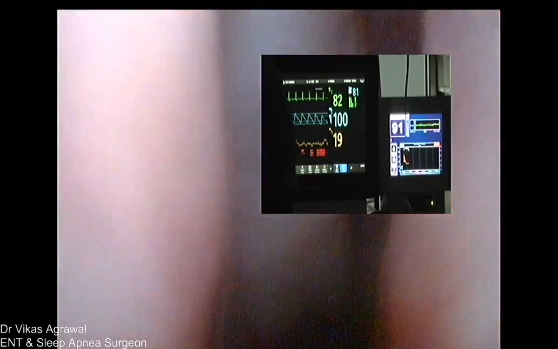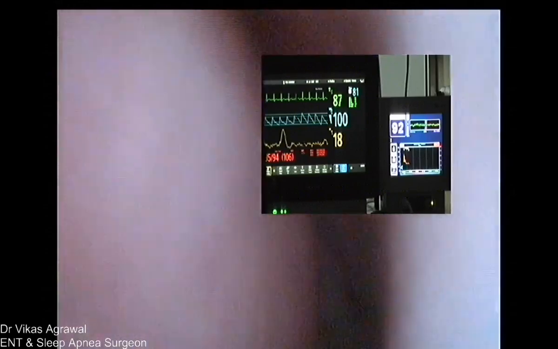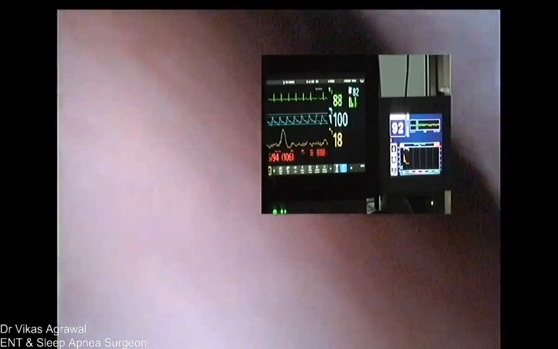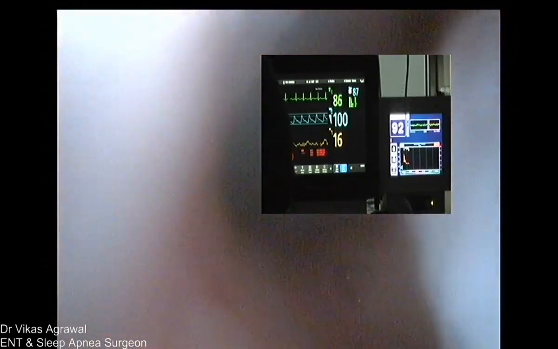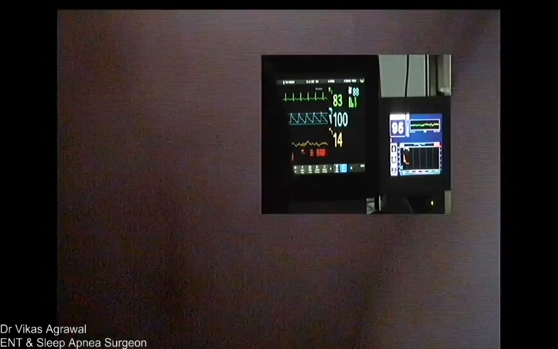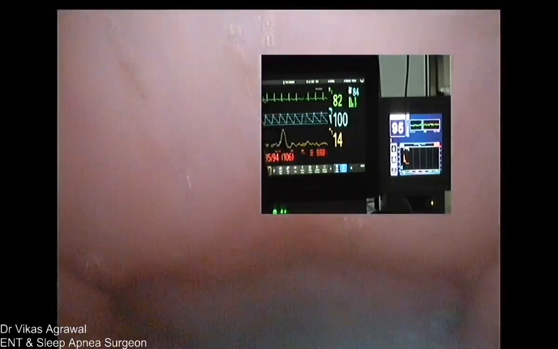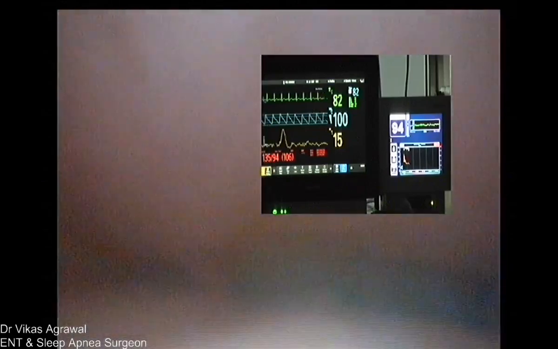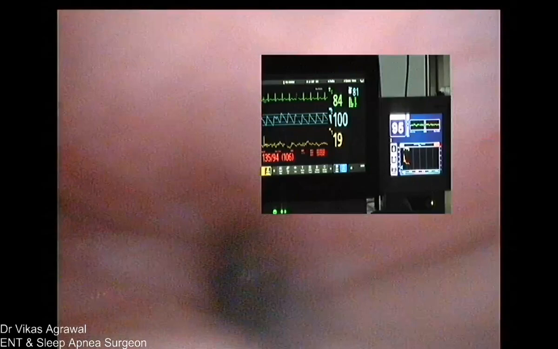So we'll have to tackle his DNS, the high DNS here, and the low DNS to the right. We'll possibly do that under navigation guidance so that you can understand the anatomy of the high deviated septum even better.